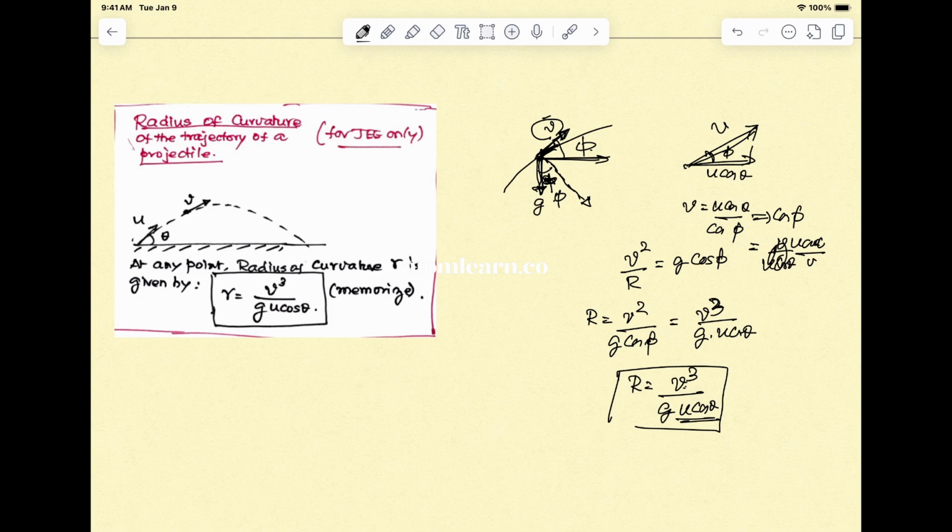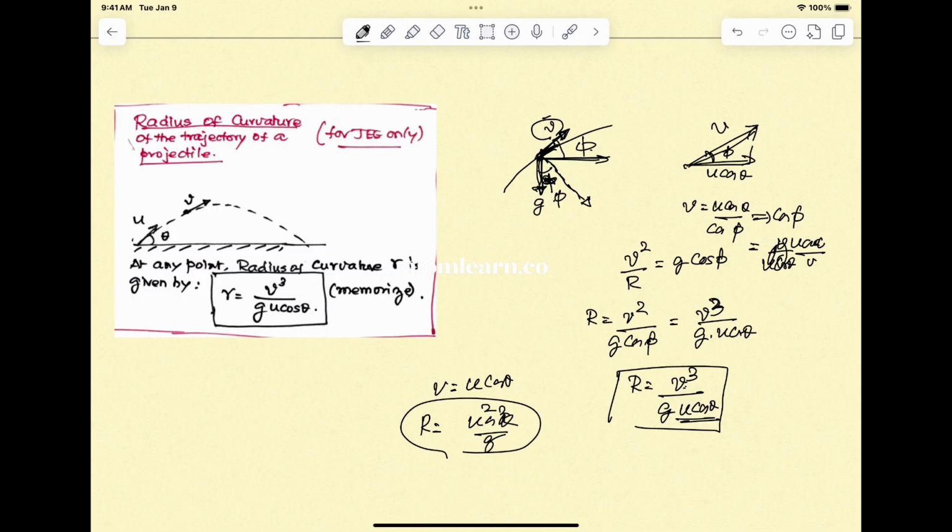Okay. Now the standard question which will come is, what is the radius of curvature at the topmost point of the projectile. At the topmost point, v is equal to u cos theta again only. Therefore, r becomes u cos theta cubed divided by g u cos theta, which becomes u squared cos squared theta divided by g.